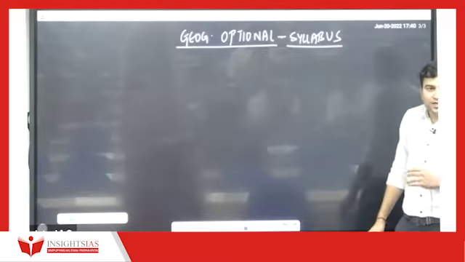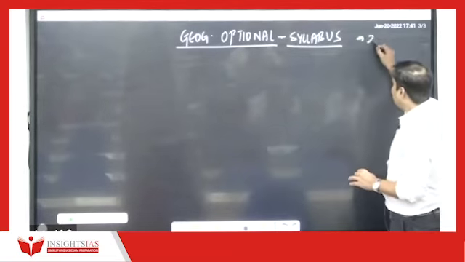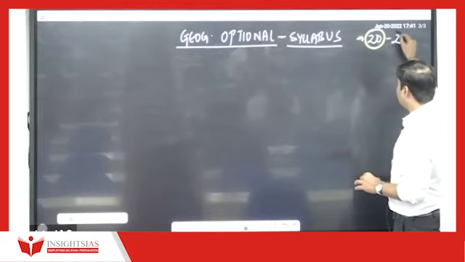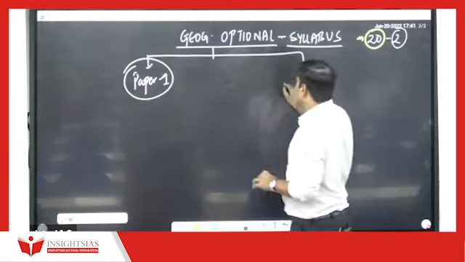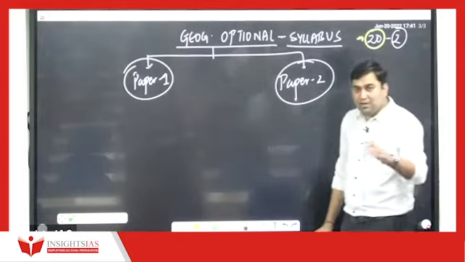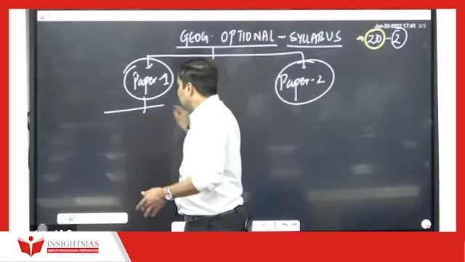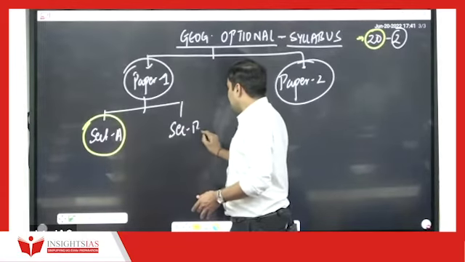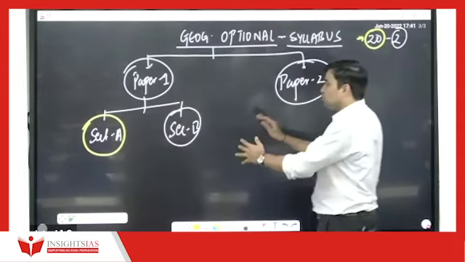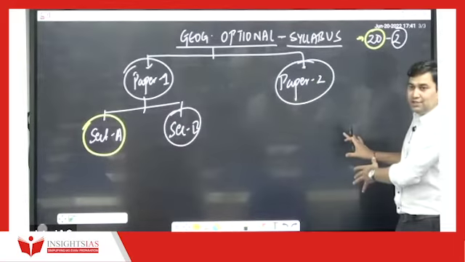In the UPSC syllabus, it mentions there are a total of 20 chapters divided into 2 papers. That is paper 1 and paper 2. Now, paper 1 is further divided into section A and section B. Same goes for Indian geography.